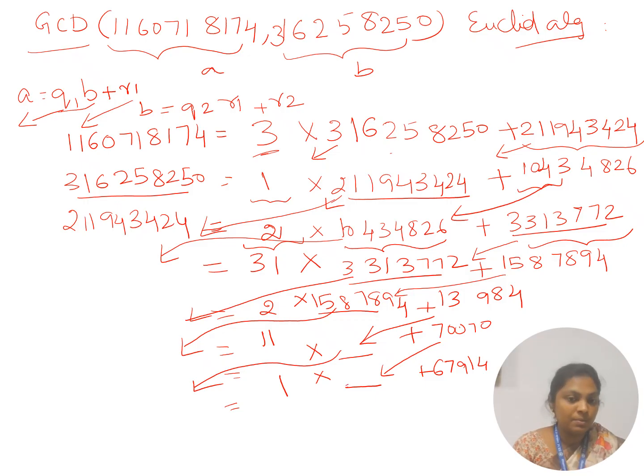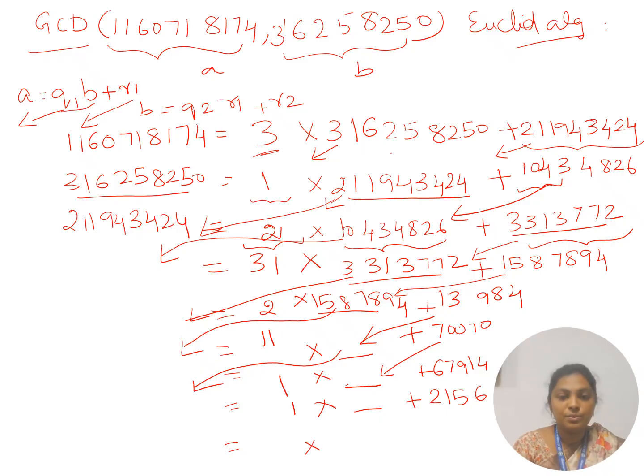Divide these two numbers. So we'll get the quotient as 1 and then remainder as 2156. So this will come here. So in the next step, this will go here, and then into this will come here.